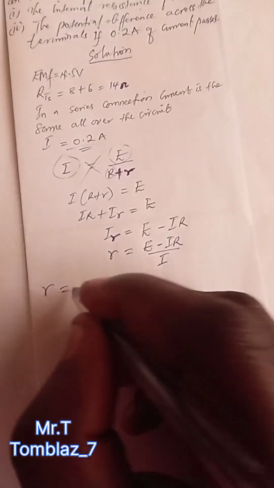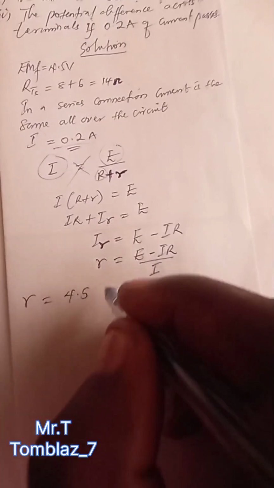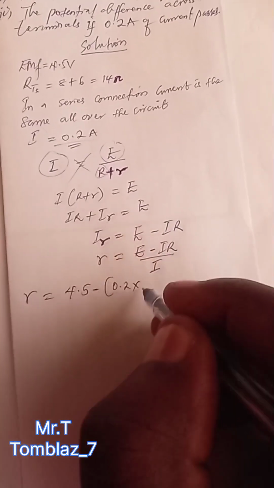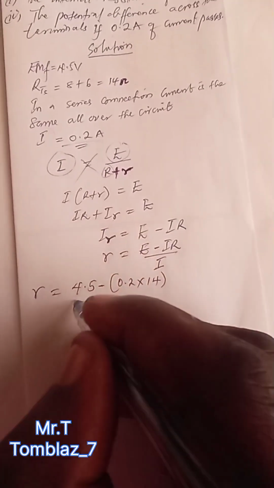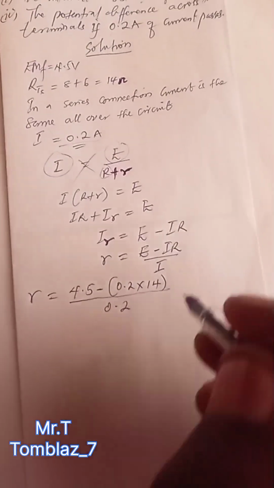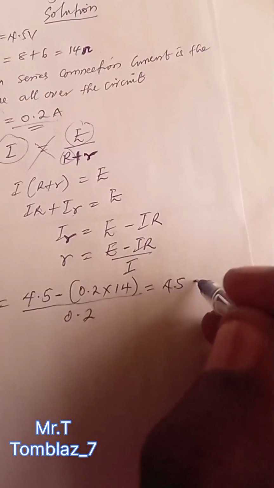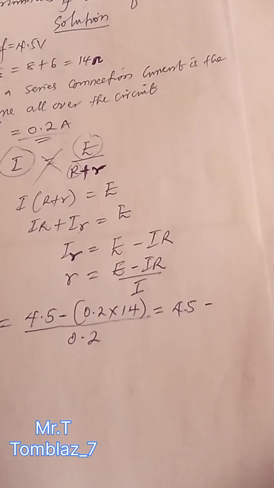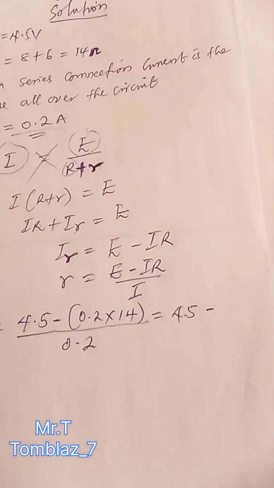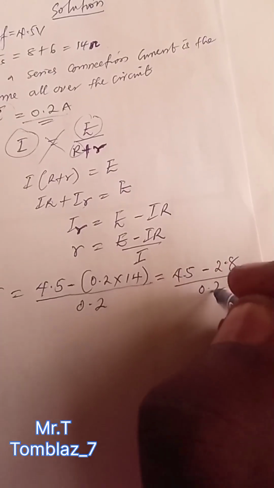Okay, so r is equal to EMF, 4.5, minus current 0.2 times total resistance 14, all divided by current 0.2. So let's take 0.2 times 14, which is 2.8, all divided by 0.2.